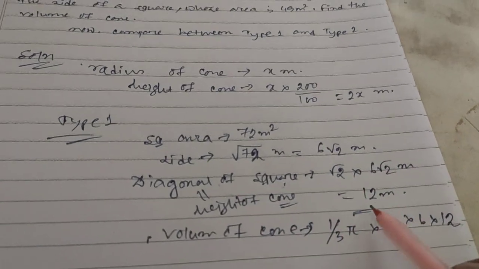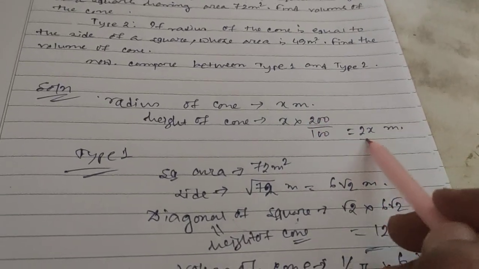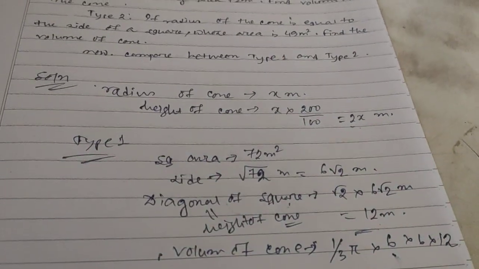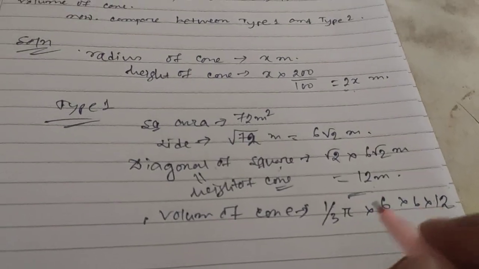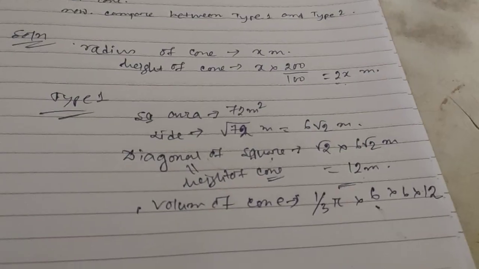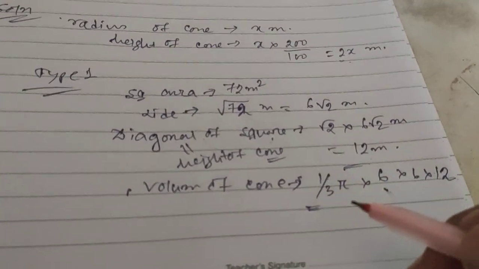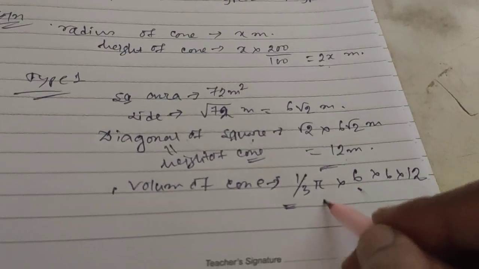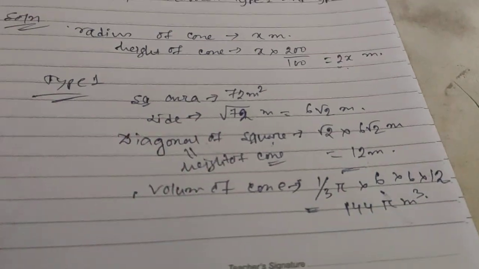So if the height of the cone is 12 meter, this 2x is 12 meter, so x is 6 meter, so the radius of the cone is 6 meter, that's why I have put 6. Otherwise I see many comments asking why r is 6, that's why I am explaining again. So it is nothing but 144 pi meter cube.